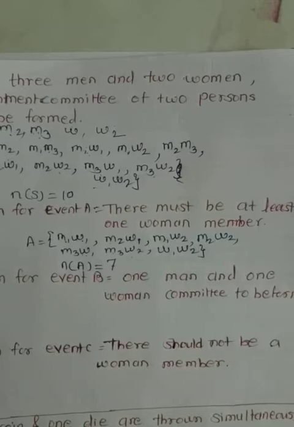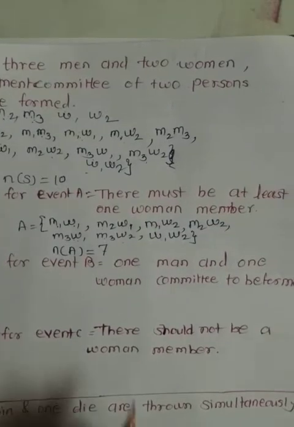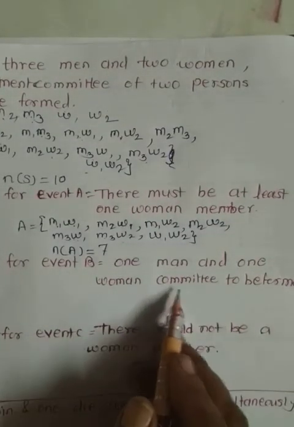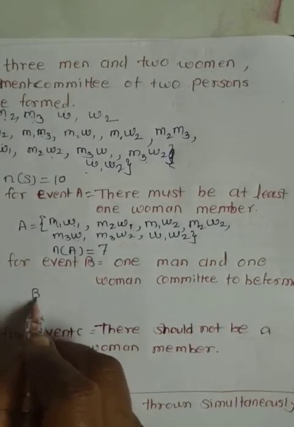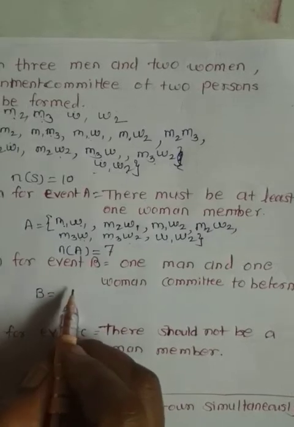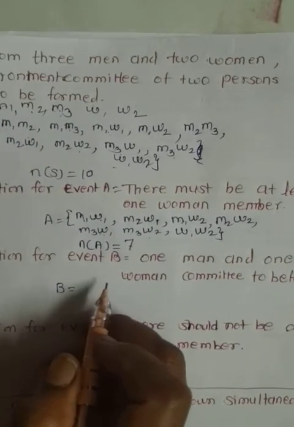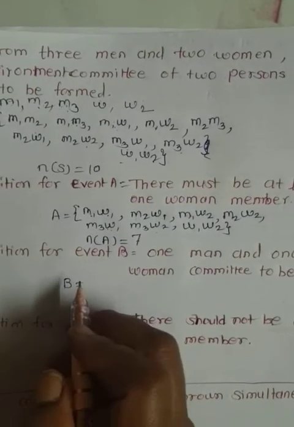Next one, event B, one man and one woman committee is to be formed. Means we have to choose the sample points such that both M and W should be there.